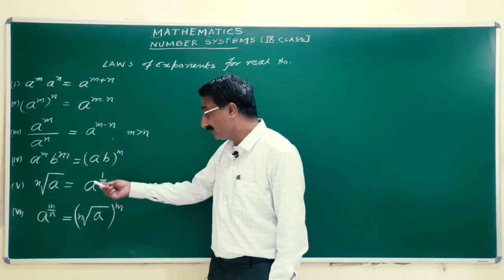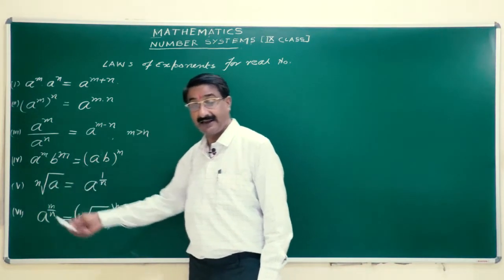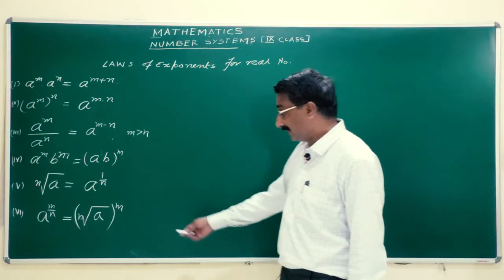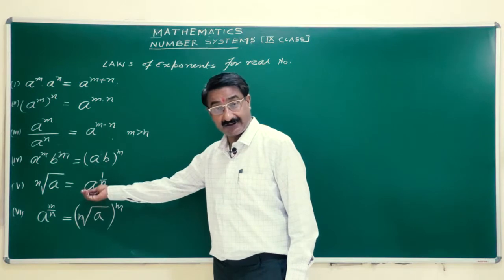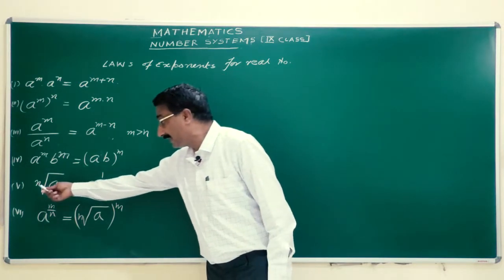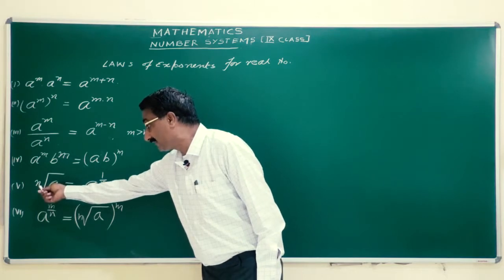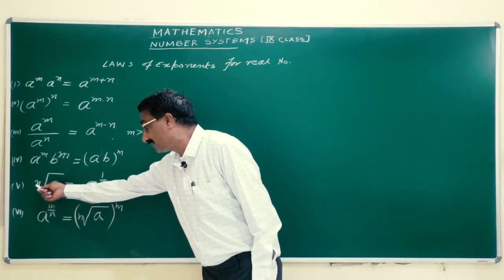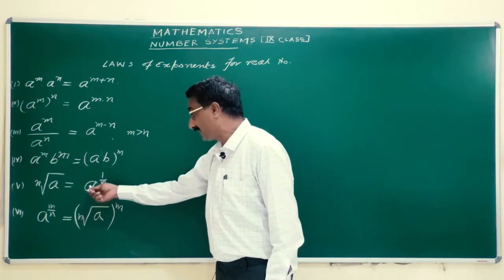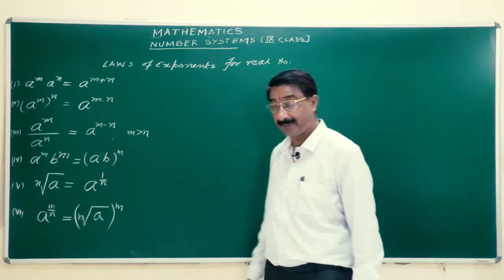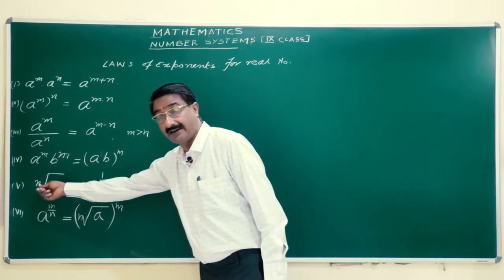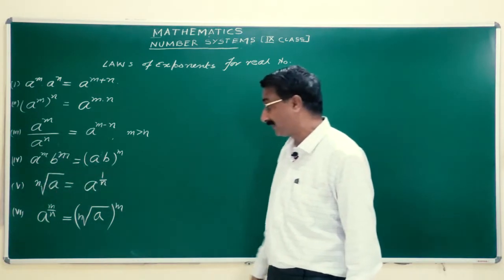Now the fifth one, that is the nth root of a, is equal to a raised to the power 1 upon n. Clear? Here n is written in front of this portion as a small letter, then under the root is the number. So it means a raised to the power 1 upon n, equal to the nth root of a, vice versa.